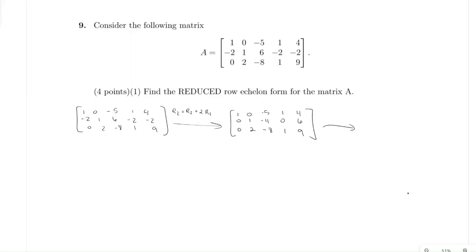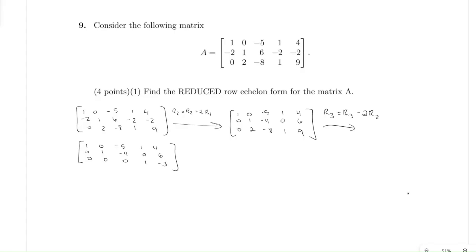I can further reduce this by subtracting 2 times row 2 from R3, and that gets me the same thing on the first 2 rows, and then we have 0, 0, 0, 1, -3.